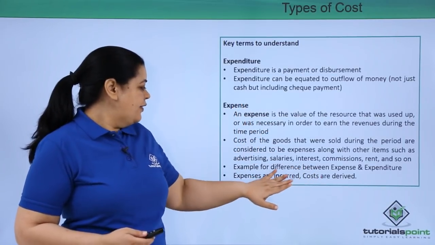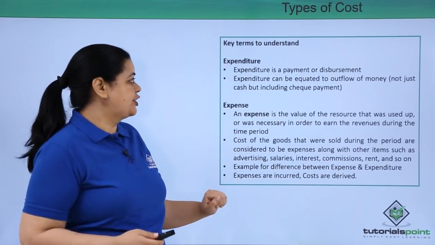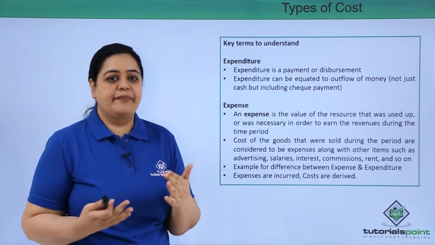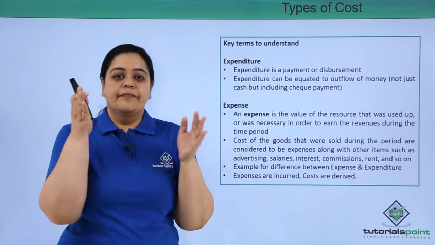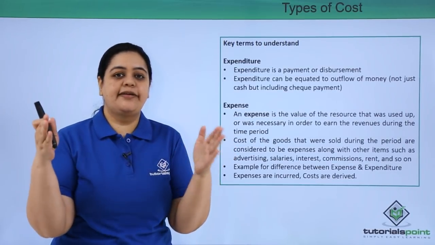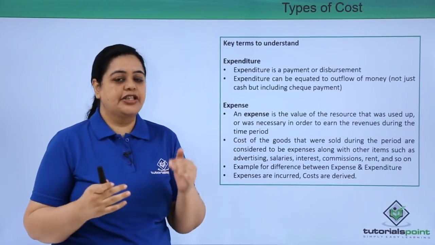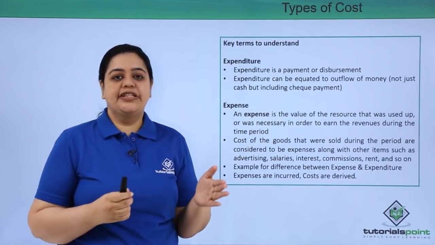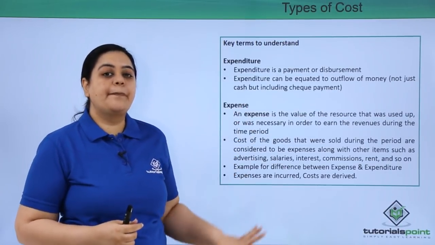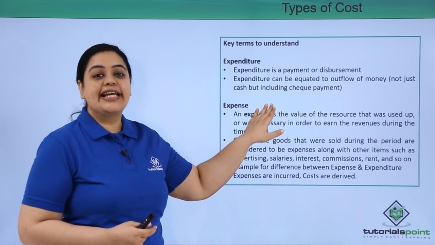Now let's understand the difference between expense and expenditure. Expenditure, as I told you, is a payment which is being made. Expense is, for example, if I am selling 100 t-shirts in a particular accounting period, my accounting period being April to March, whatever was the cost incurred to prepare those 100 t-shirts to be sold in the market would be an expense.